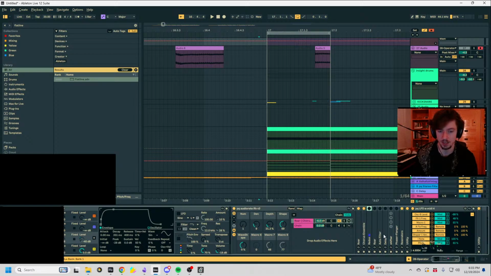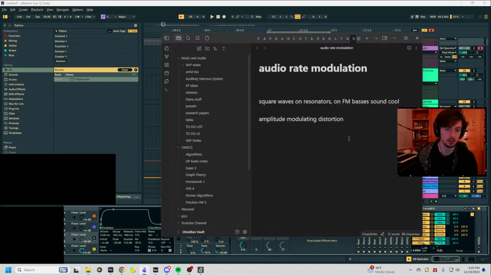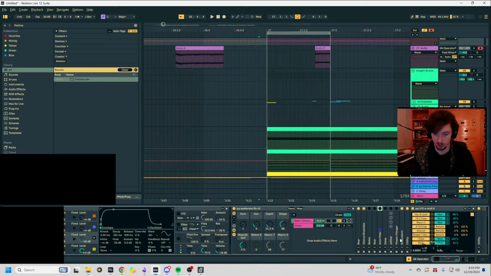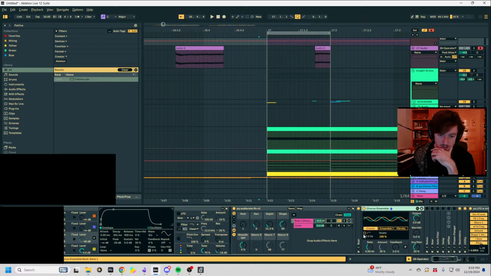Redux makes interesting noise. Redux makes weird noise. Phaser flanger sucked. Auto filter, yeah, of course that works. Most of the things in Roar sounded cool.